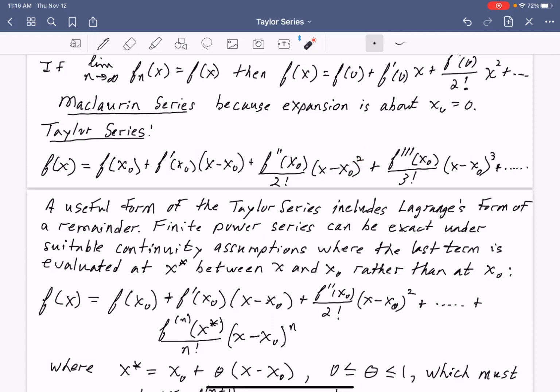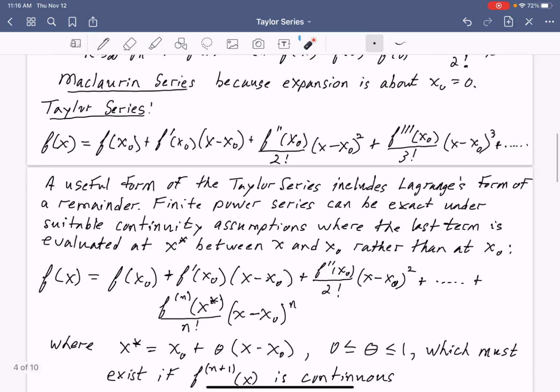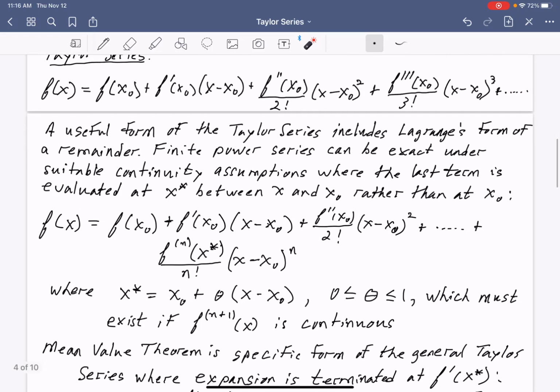Remember, if x naught was 0, then we just have the x squared like we did up here, for example. And then we add to that the third derivative evaluated at x naught divided by 3 factorial times (x minus x naught) to the power 3. And we continue that kind of forever and determine some kind of a truncation along the way.